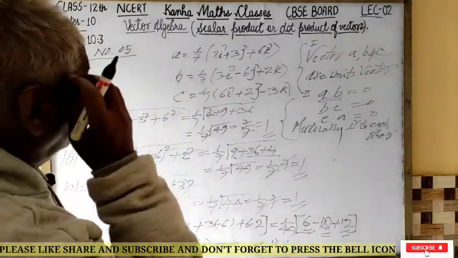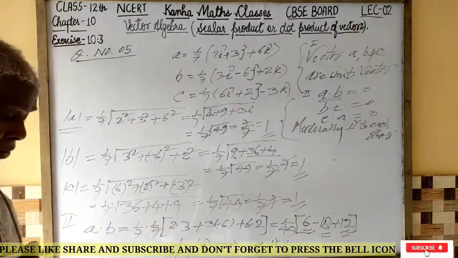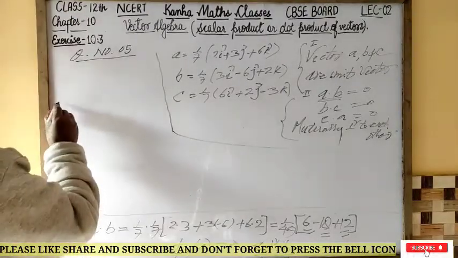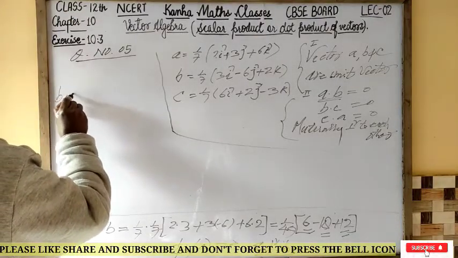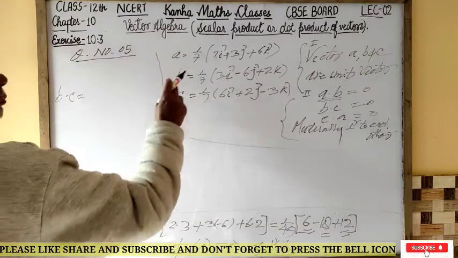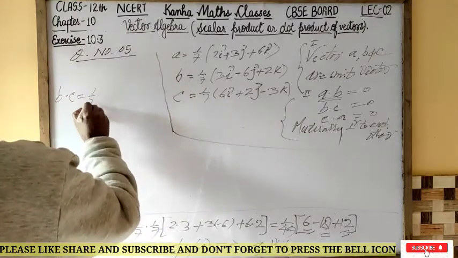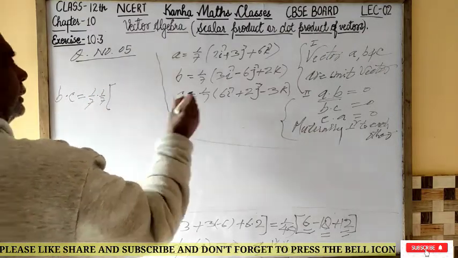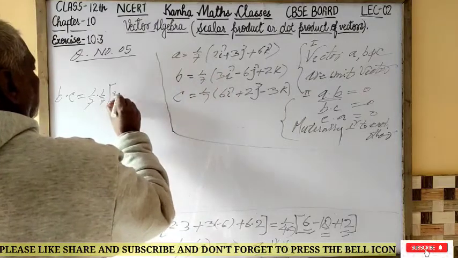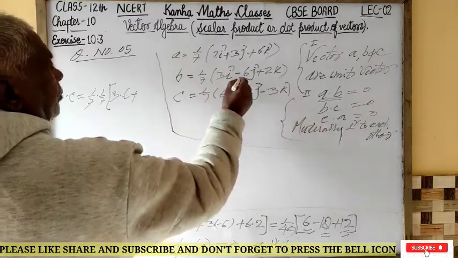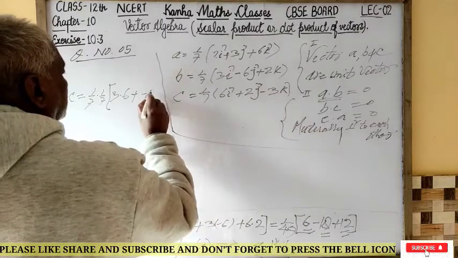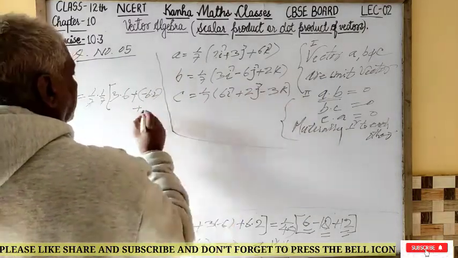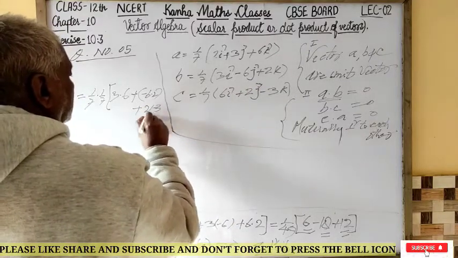Now, due to lack of space, we will erase some of the upper portion of the board. Now the dot product of B and C is equal to 1 upon 7 into 1 upon 7, within the bracket 3 into 6 plus minus 6 into 2 plus 2 into minus 3.